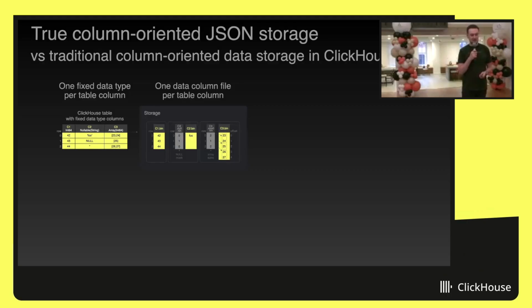For some complex data types, it can use multiple data files. Like for arrays, there will be two files, one with all the values inside arrays and another with array sizes. For nullable data types, it will store a null mask and the values of non-null fields.